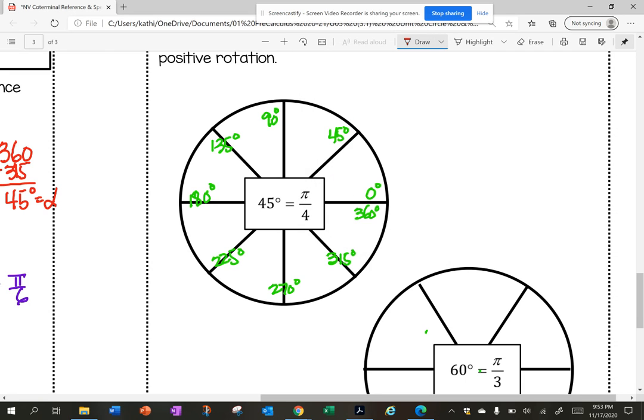And then let's add that in radians. The radians are actually kind of easier to count. So this is going to be 0, pi over 4, 2 pi over 4, which simplifies to pi over 2, 3 pi over 4, 4 pi over 4, which simplifies to pi, 5 pi over 4, 6 pi over 4, which simplifies to 3 pi over 2, 7 pi over 4, 8 pi over 4, which simplifies to 2 pi.